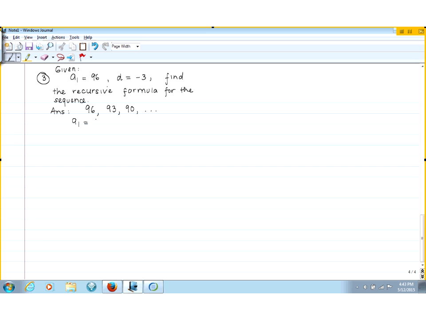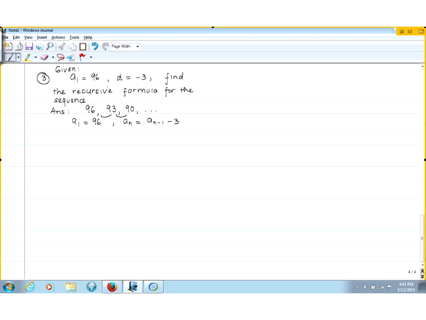So actually, I could write down a recursive formula. A1 is 96, right? And AN is equal to the previous term, AN minus 1. So the previous term, what do you do to it?